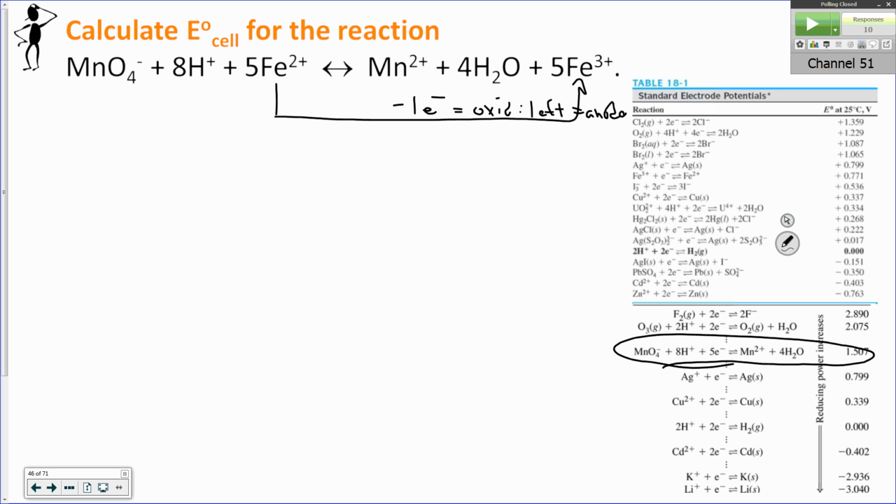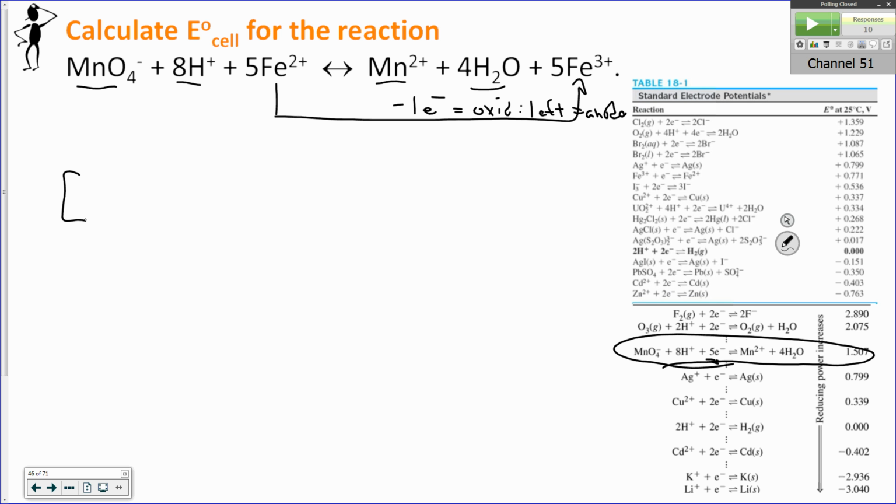I've got the permanganate. I've got the 8 protons. I don't know how many electrons necessarily, but there's 5 electrons involved with that. Then I find the products, so the manganese 2 plus and the 4 waters. So everything's there that I need in that one.